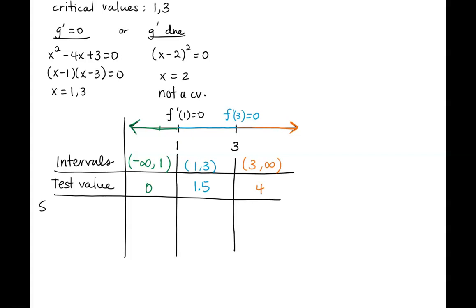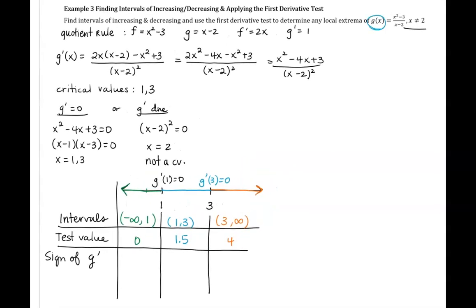So now that we have our test values, we want to take these test values and plug them into the derivative. And I need to fix this because our function is called g, not f. So this should be g prime, and this should be g prime, because our function was g of x. So now we want to know the sign of g prime. So we're going to take 0 and plug it into the derivative.